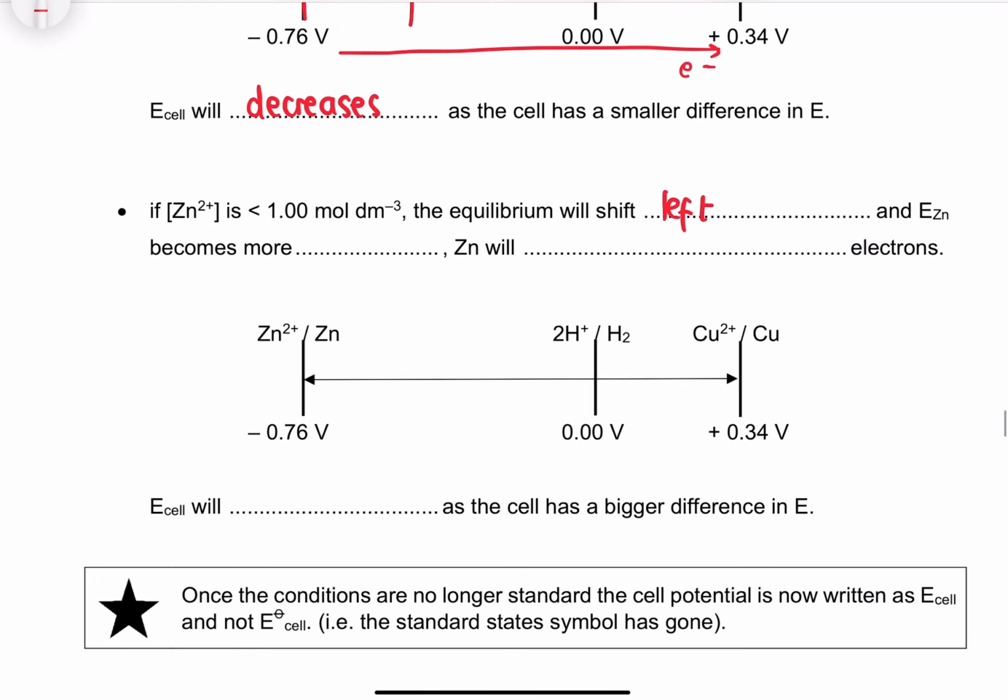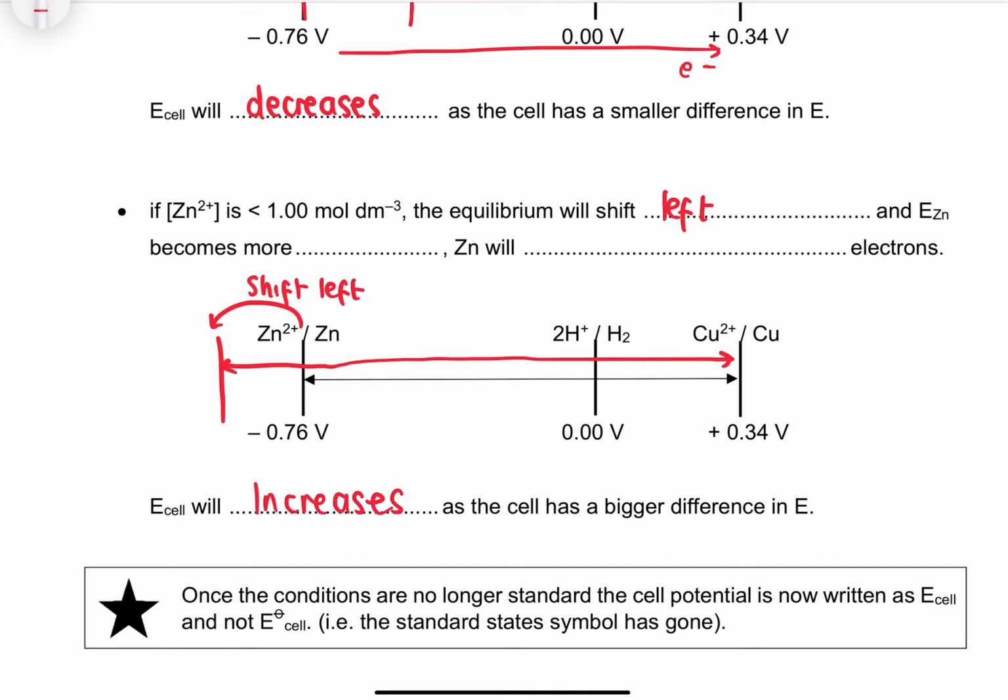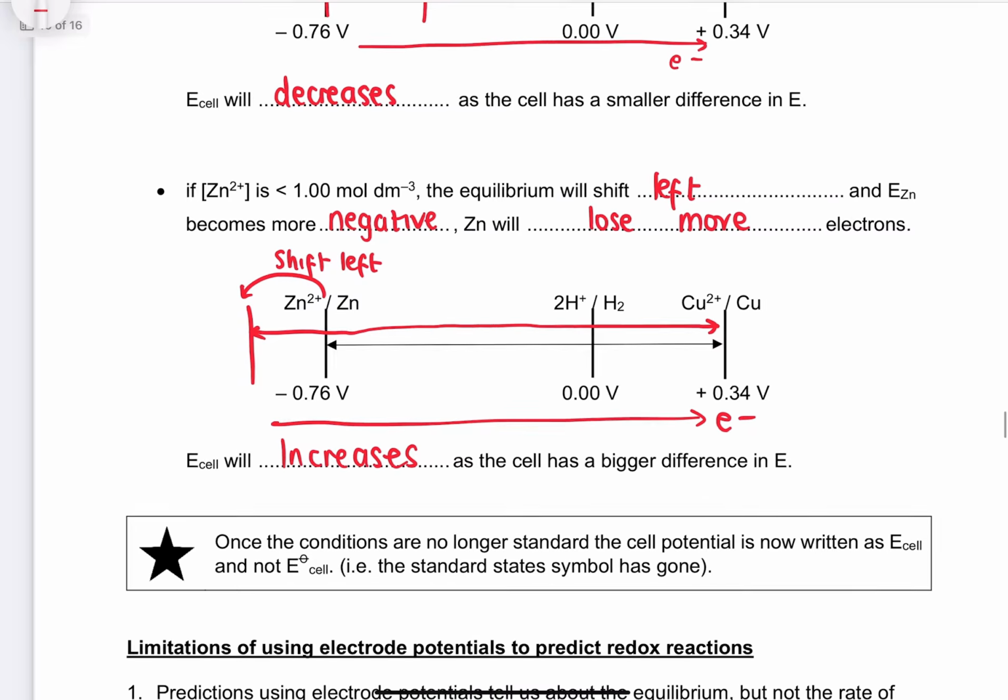So if we shift this line to the left, we can see that the gap increases because it becomes more negative. We've gone below 0.76, and it's going to lose more electrons. We're even further. Remember, electrons are flowing in this direction, so it's going to lose more.